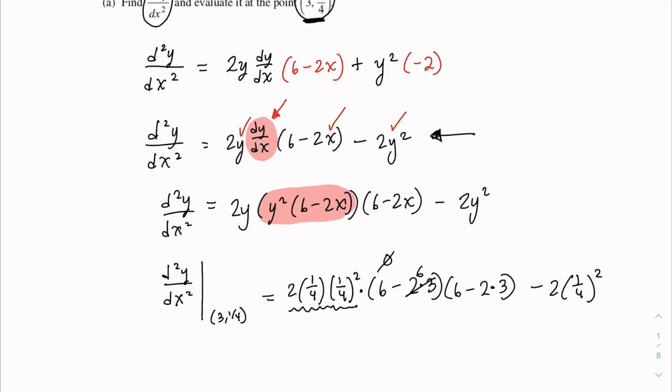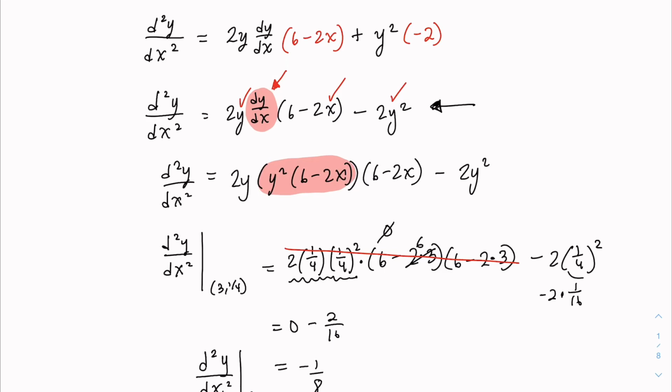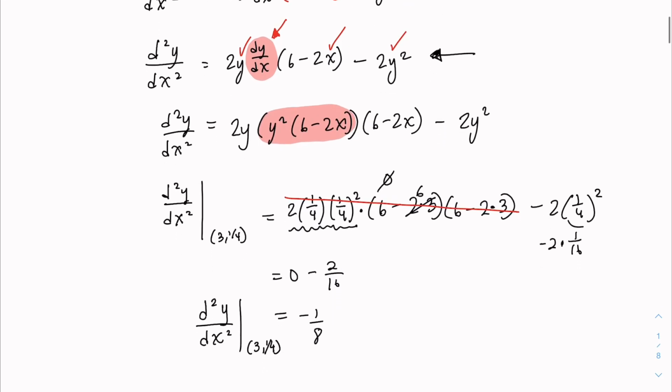So this entire first term just collapses to 0. Minus 1/4 squared is 1/16 times negative 2, that's negative 2 over 16. So our final answer is negative 1/8. And that needs the left-hand side, of course. And we're done.